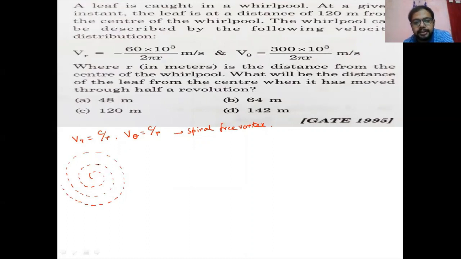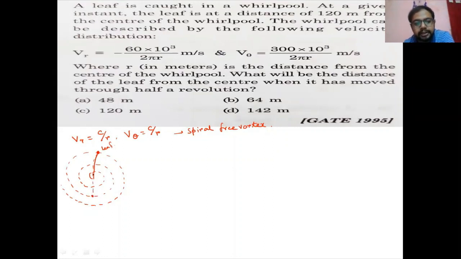So the problem is telling that at any instant of time, we have some leaf at a distance of 120 meter from the center. After the half rotation it has made, when it comes here, a pi rotation has been made. From here to here, pi rotation is made.